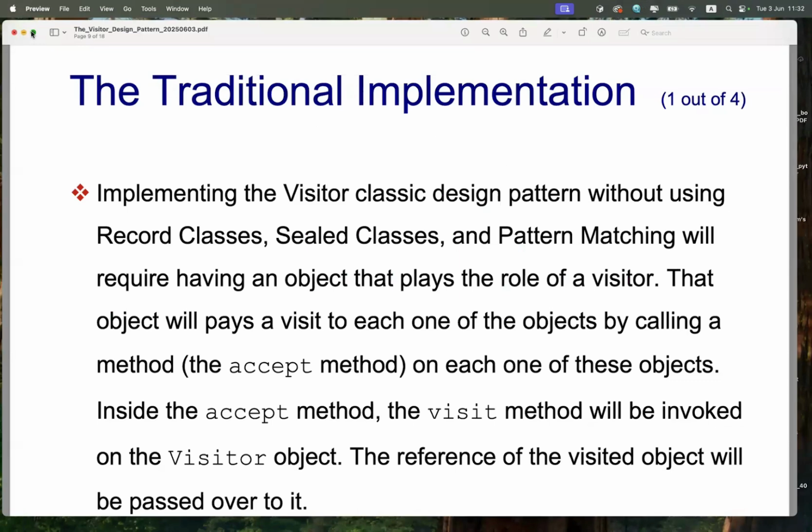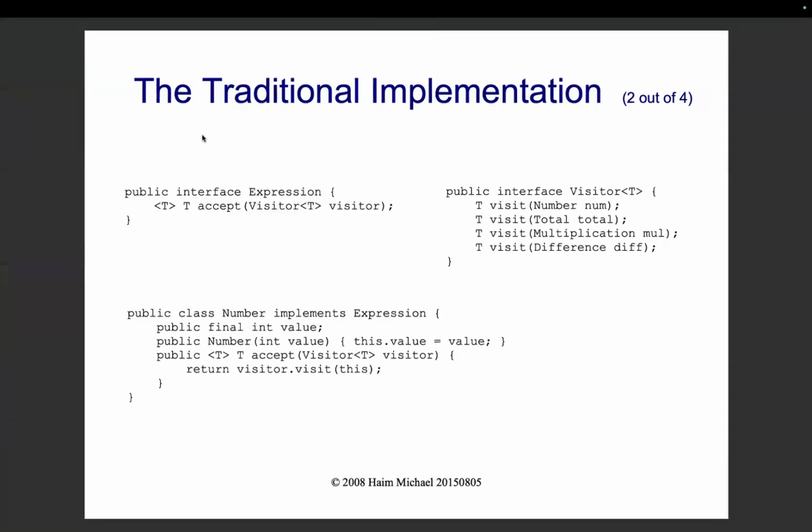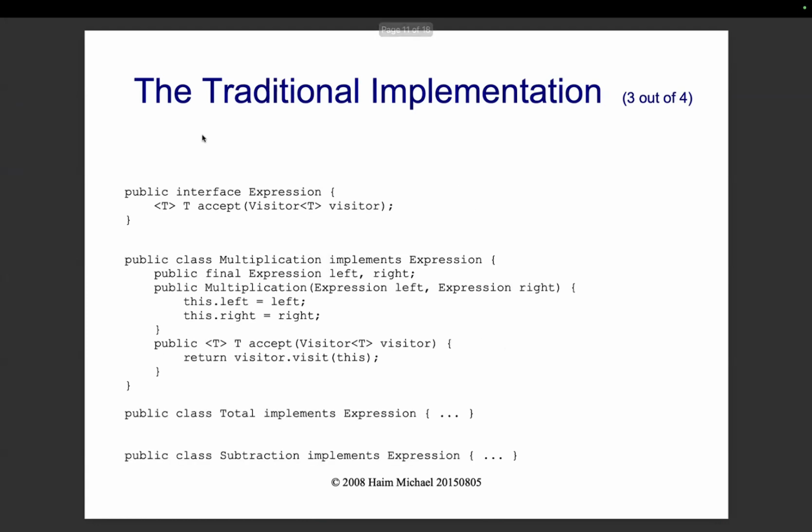So back to the slides. We have just seen the traditional way. We saw that we have the visitor interface and then a class that implements visitor. And on the other side, we have the expression interface and classes that implement expressions such as number, multiplication, total, subtraction, whatever.